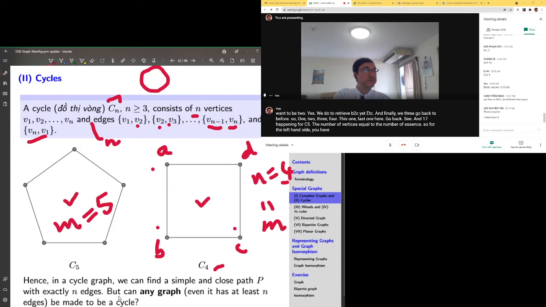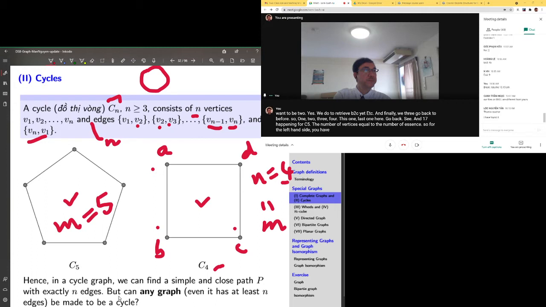Now the third concept here, wheels, in Vietnamese is like this one. A wheel is just a kind of circle, and you get to be a cycle, okay? You have a cycle and you put another vertex we call the center inside, and then you connect that new center to the ones on the cycle outside, and the full picture will make you a wheel.